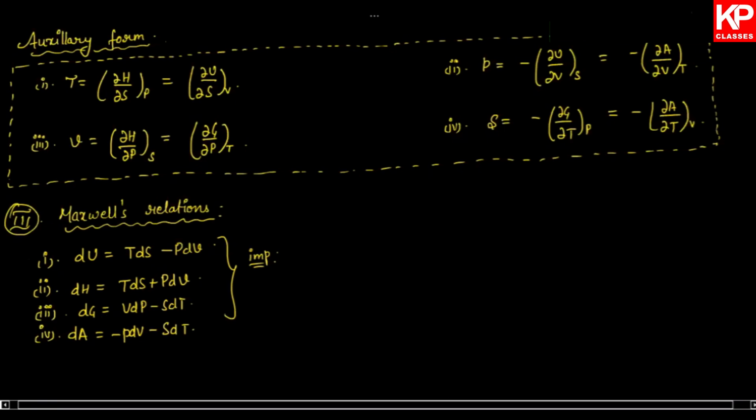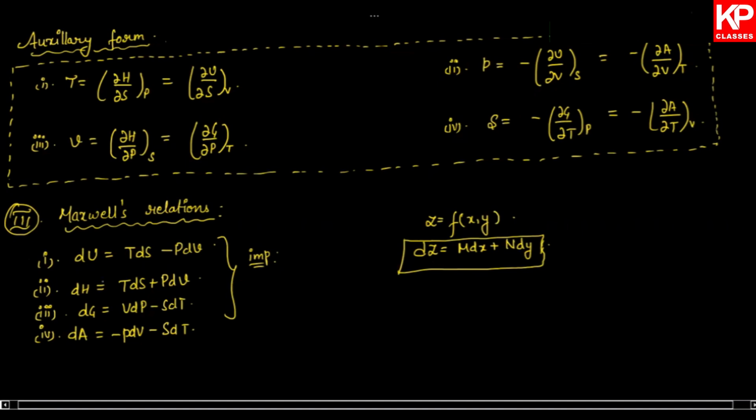We have already seen that when the function z is a function of two independent variables, the differential form can be written as M dx plus N dy. If you see all these four equations, you will find that they are quite related to this differential form of z.